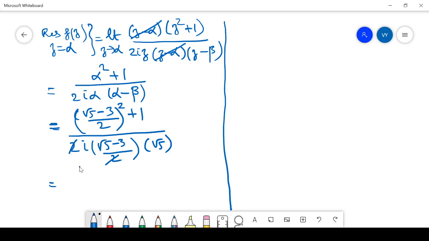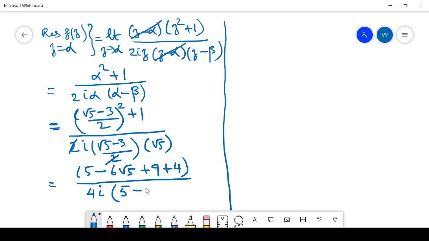And when I expand this, I will have 5 minus 6 root 5 plus 9 plus 4, whole divided by 4i into, this will become 5 minus 3 root 5.